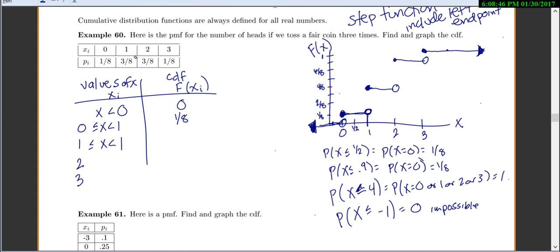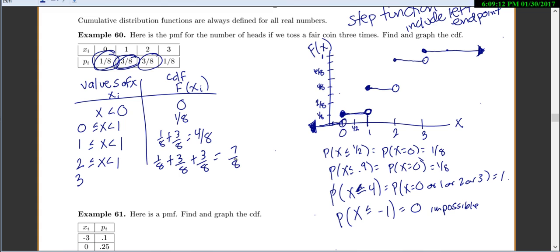At 1, I now have a 3/8 probability, but it is cumulative, so I also have to include anything before that. So I have 1/8 plus 3/8, which is 4/8. At 2, I have a 3/8, but again, you have to include everything less than that. So 1/8 plus 3/8 plus 3/8 equals 7 out of 8.